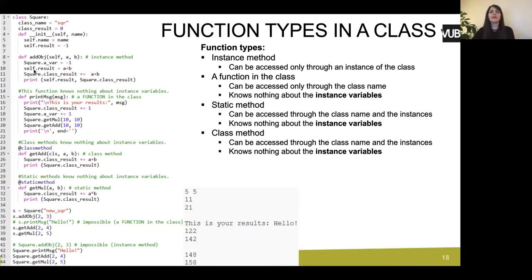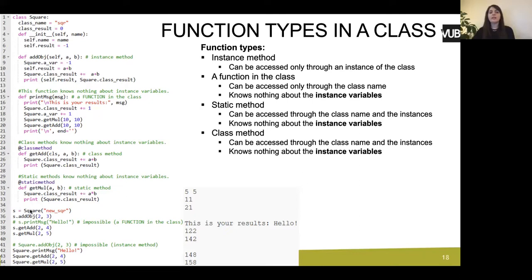And here I have a function, which is an instance method. It has self as its first argument and some other arguments. It can have access to class variables using the name of the class, and to instance variables using self, and it can change all of them and print some results. So an instance method can be accessed only through an instance of the class.